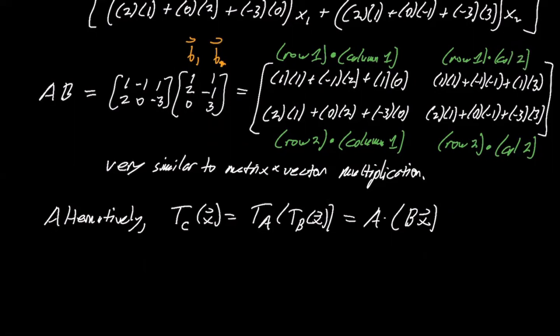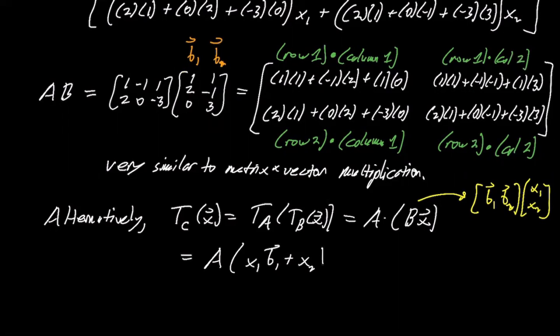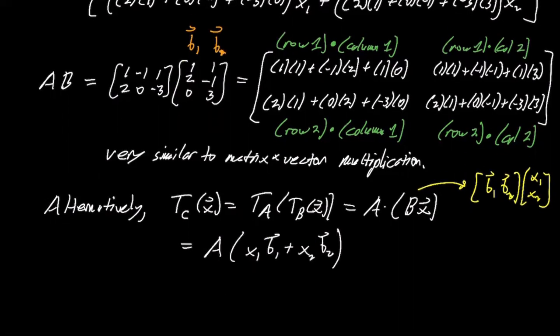If we think of this as the matrix whose columns are B1 and B2 times a vector whose entries are X1 and X2, we can rewrite this as A times, remember the way that this works, X1 B1 plus X2 B2. And matrix multiplication distributes over addition and scalars. These X1 and X2 here are really basically scalars, right?